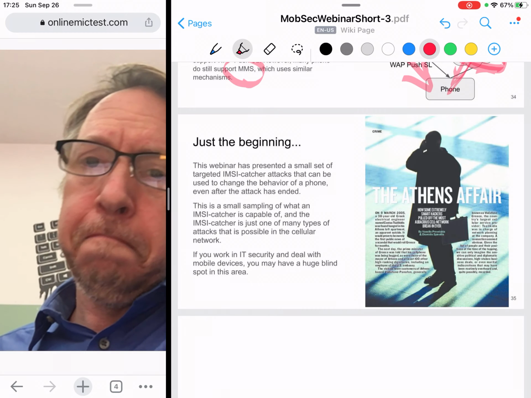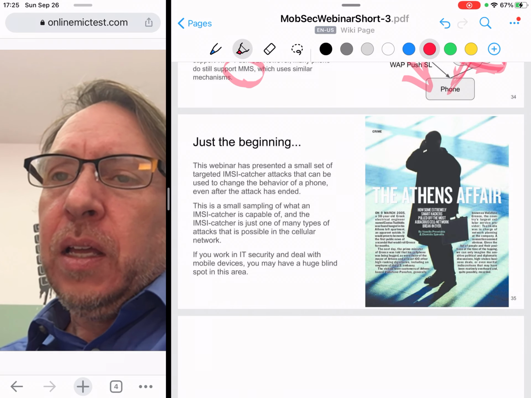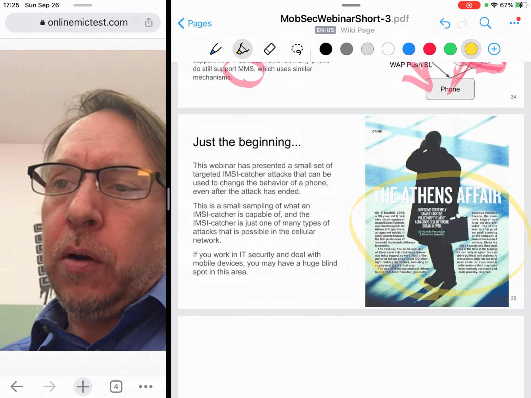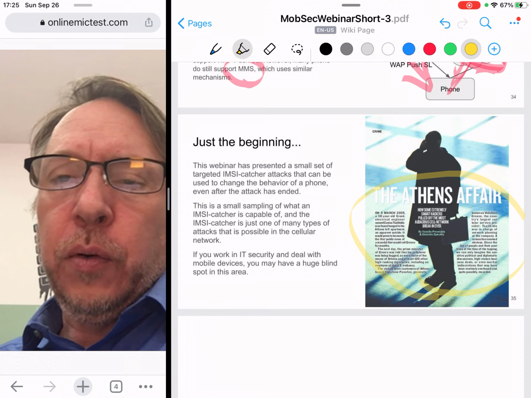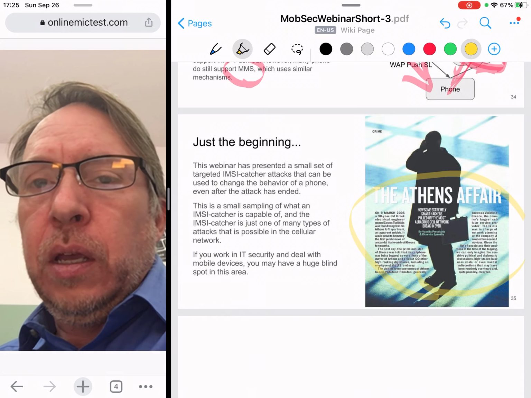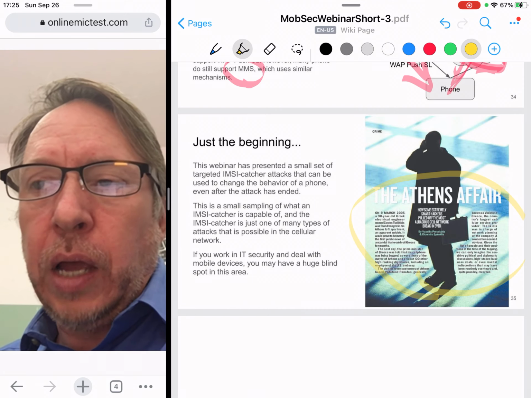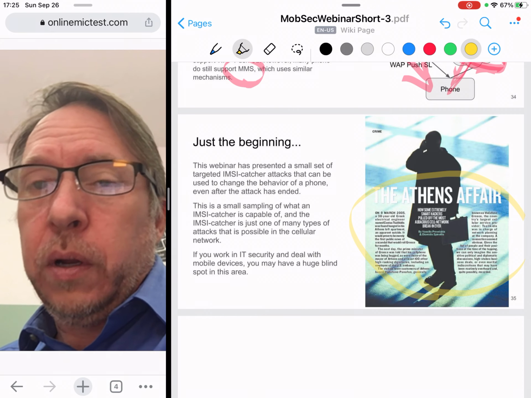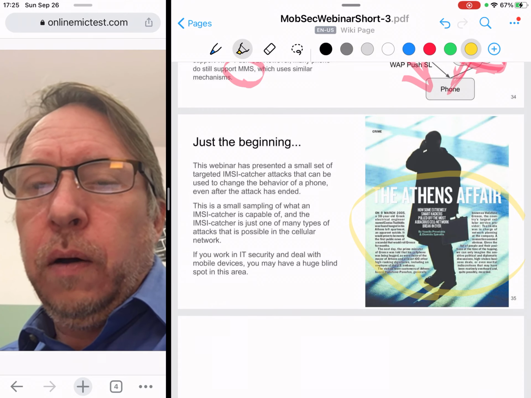In particular, something interesting here. This is an article from IEEE Spectrum called "The Athens Affair." This is a case in 2014 of a very sophisticated exploit inside the Vodafone network in Greece, where unknown parties actually installed malware inside the core network and then used that malware to take control of lawful intercept mechanisms and telephone switches to forward calls secretly.